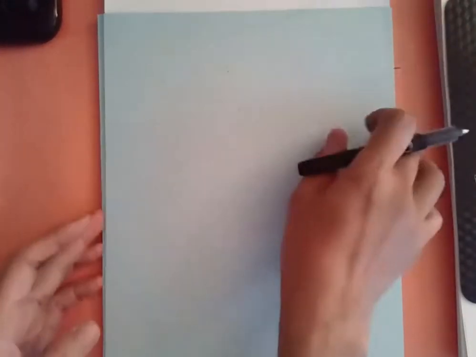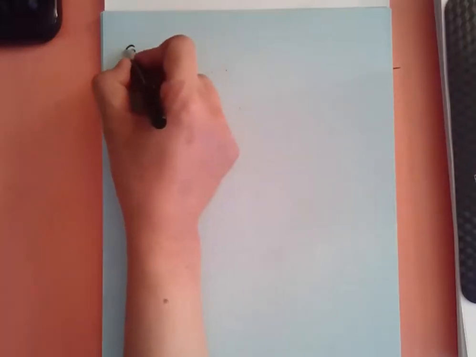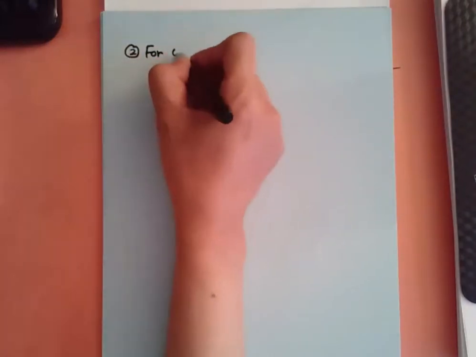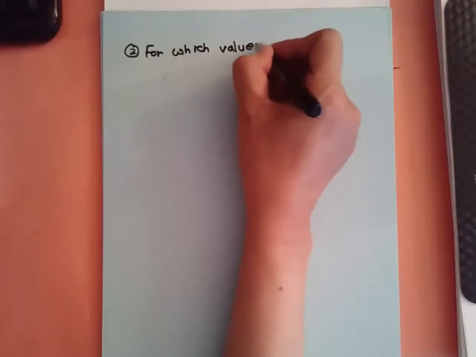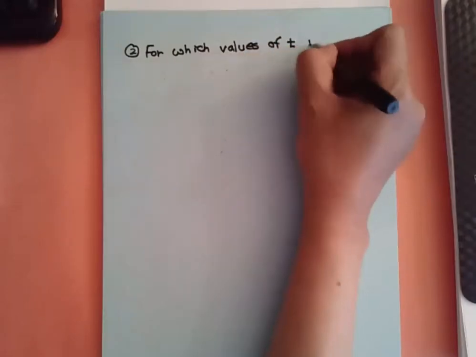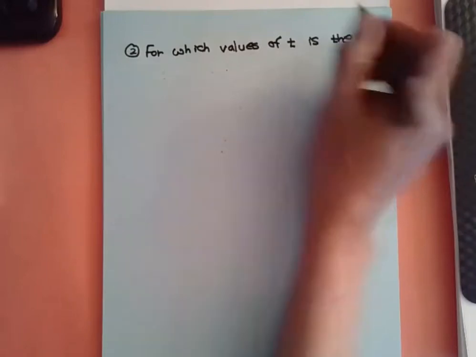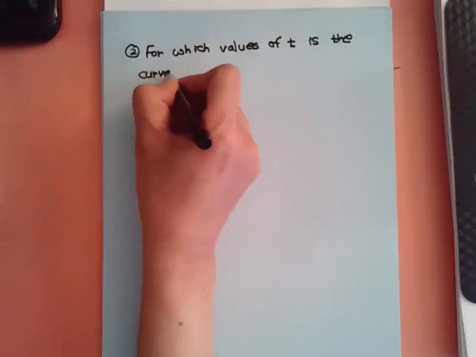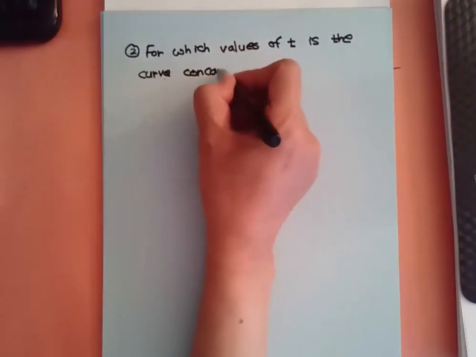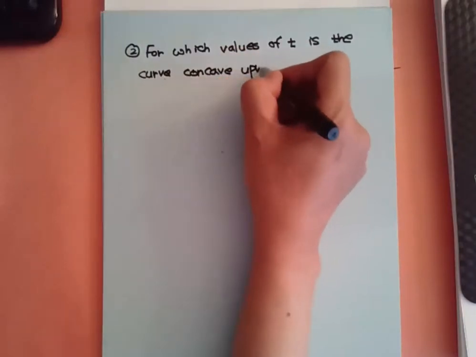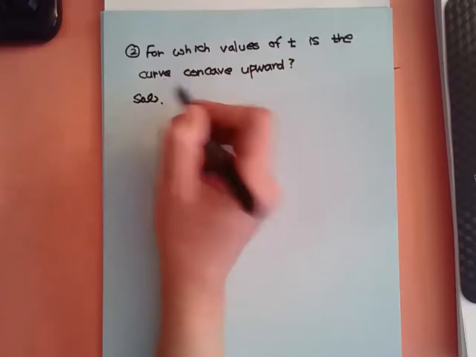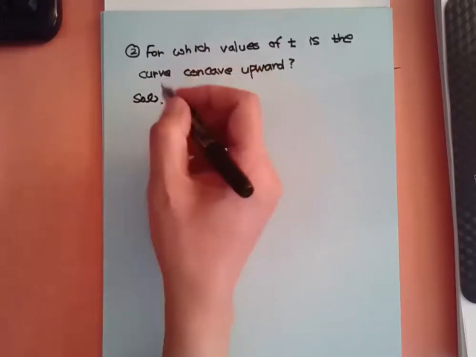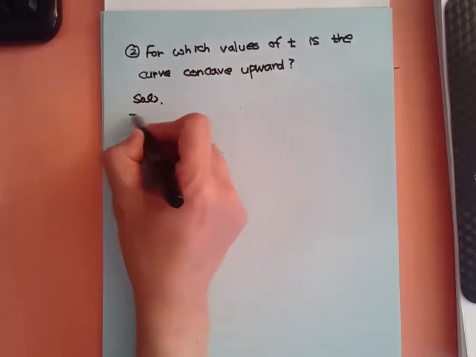Okay. The next question is, for which values of t is the curve concave upward? For that, we have to use the second derivative.